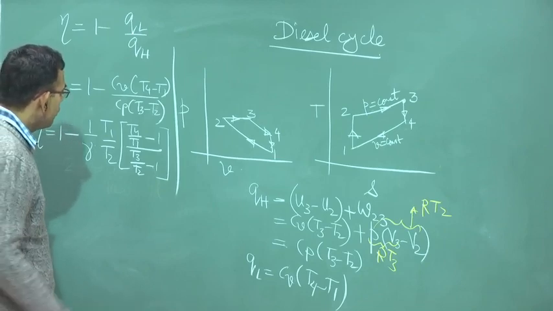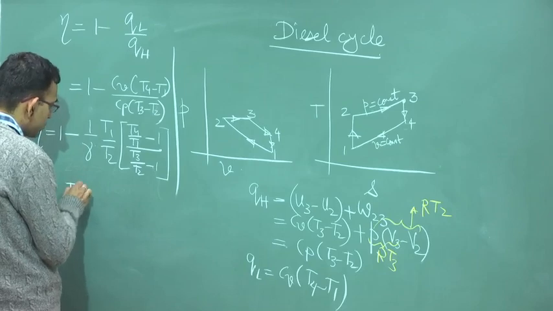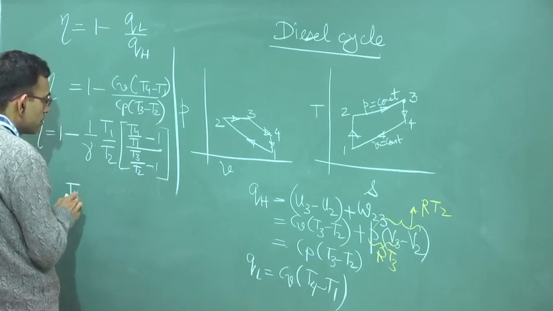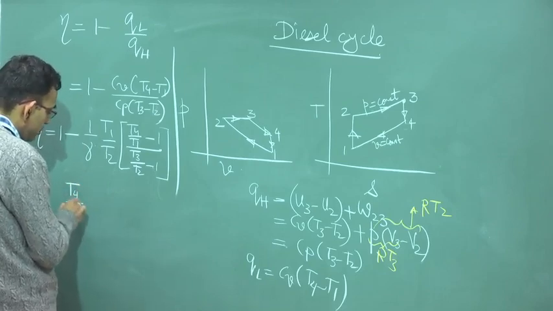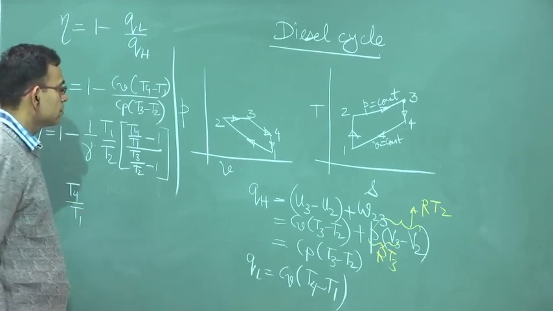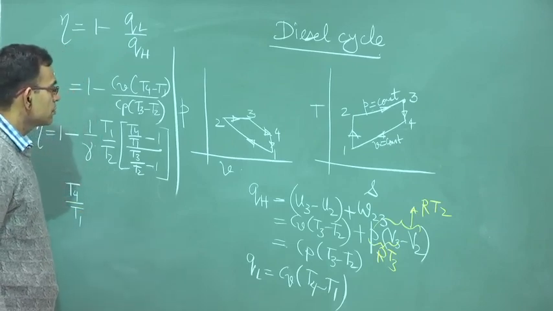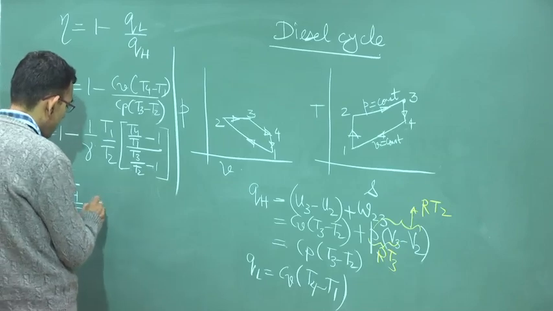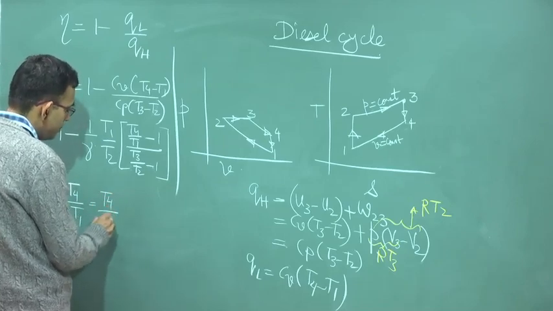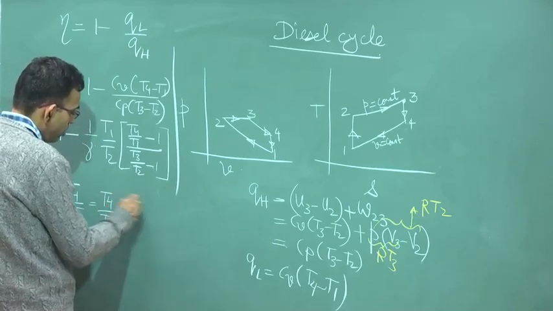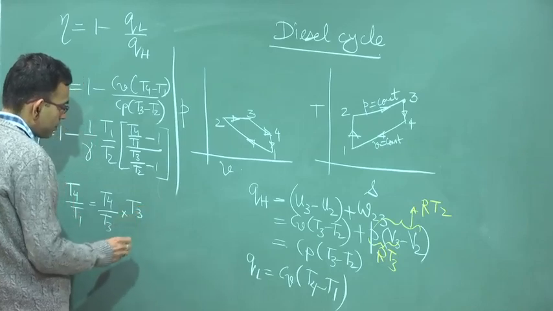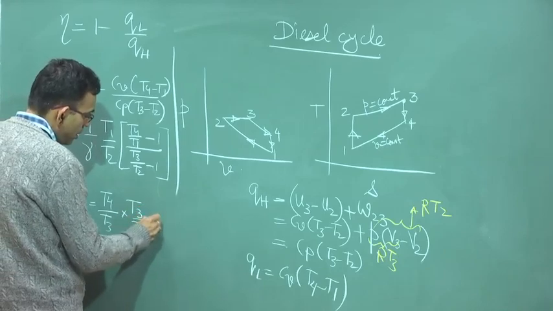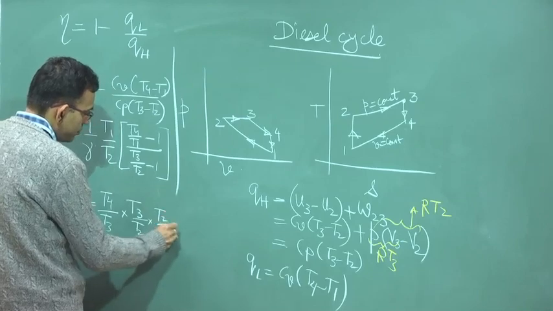Now T4 by T1 we can write as T4 by T3 into T3 by T2 into T2 by T1.